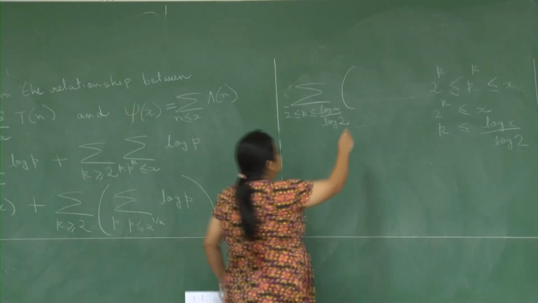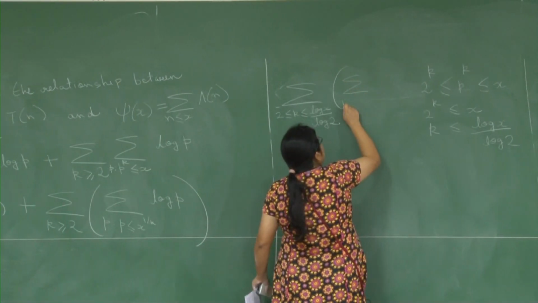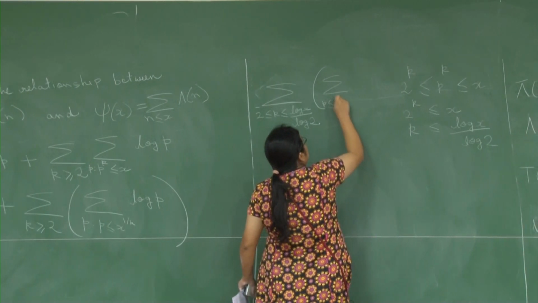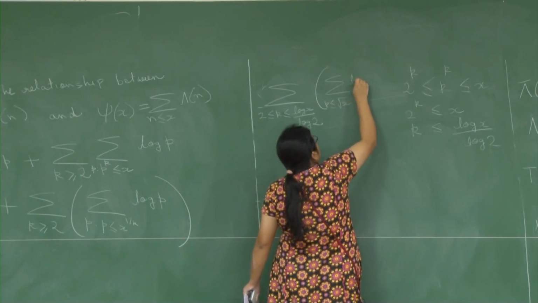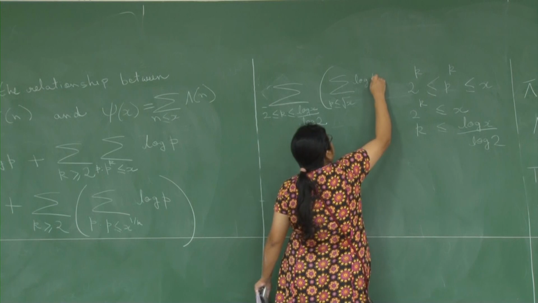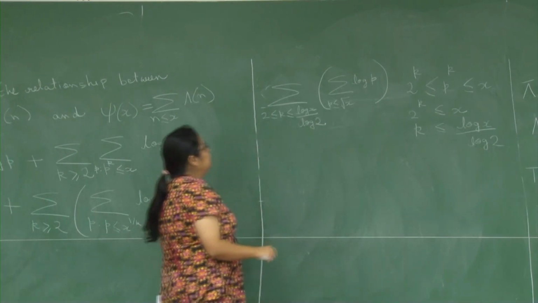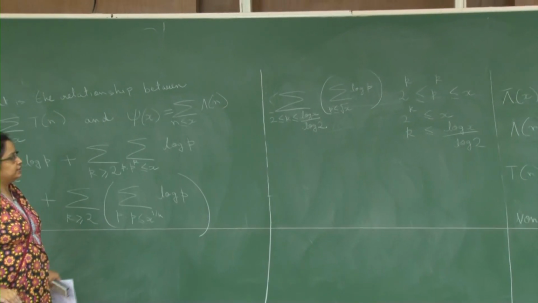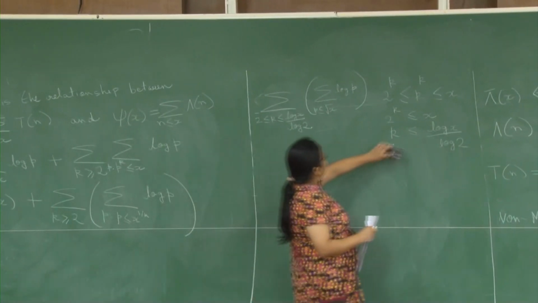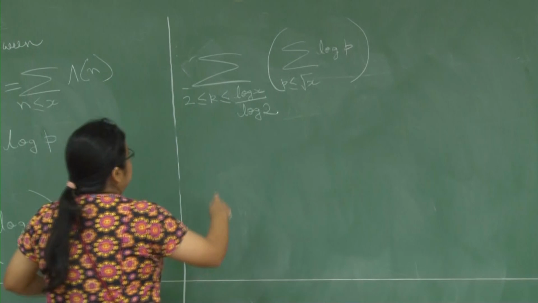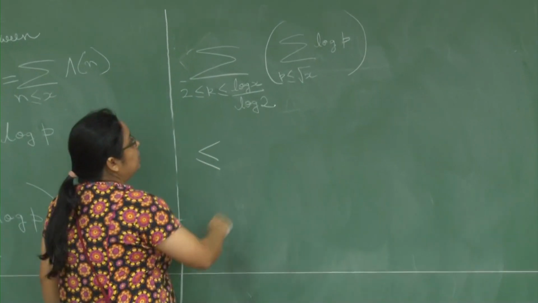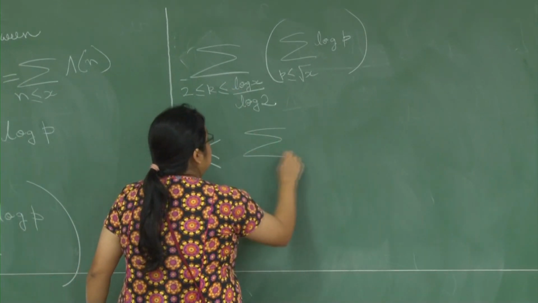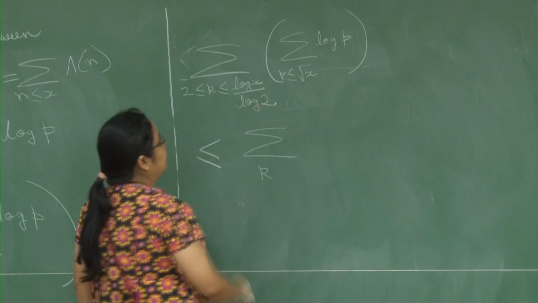So, what you have is summation p less than or equal to square root x log p. This is a rough upper bound, which itself is not too bad. So, a rough estimate works. So, you have this, okay, and what is this less than or equal to? The inner sum, first keep the k's as they are.